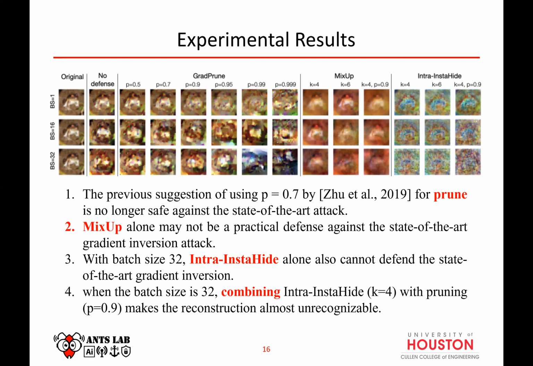So do we use this statistics or not? The second one is whether we consider the defense method, for example, add noise, add sparsification, add clipping, gradient clipping, or add the InstaHide.